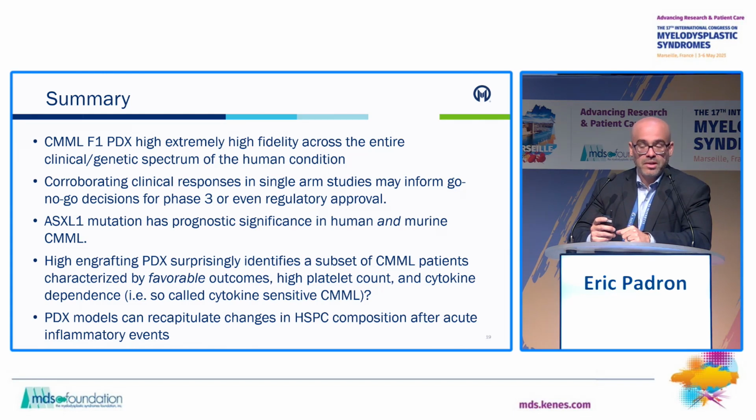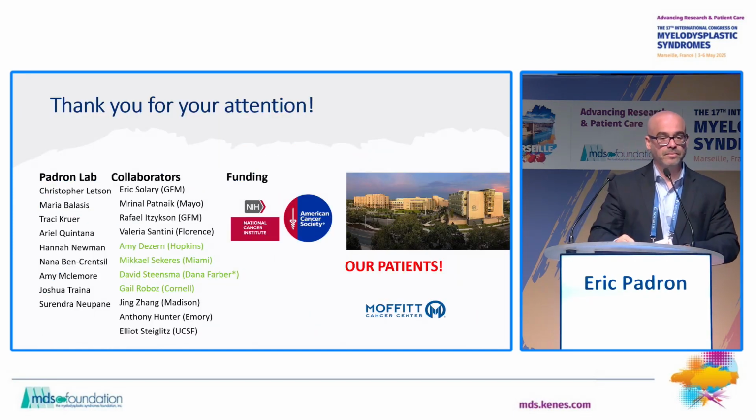ASXL1 mutations have prognostic significance in human and murine CMML. Surprisingly, high engrafting PDX constitute a subset of patients with favorable outcomes, high platelet count, cytokine dependence, and ruxolitinib sensitivity. And PDX models can recapitulate changes in HSPC after acute inflammatory events and have led to an observational study in humans to see if that's the case. Thank you very much.